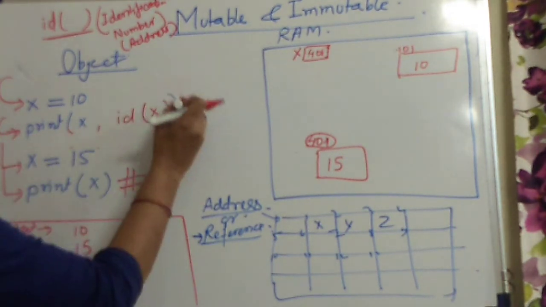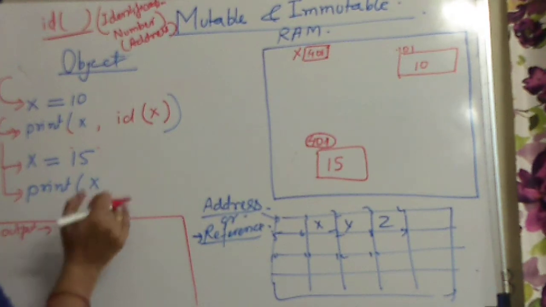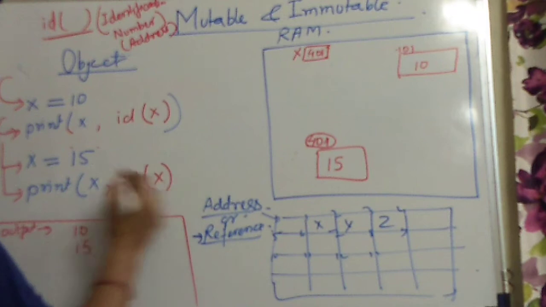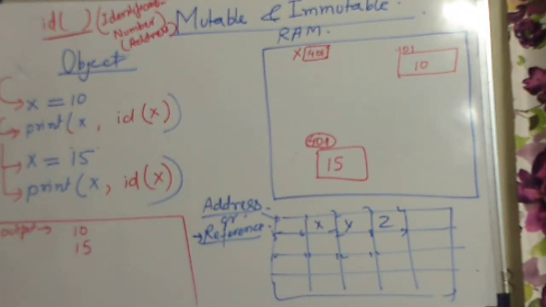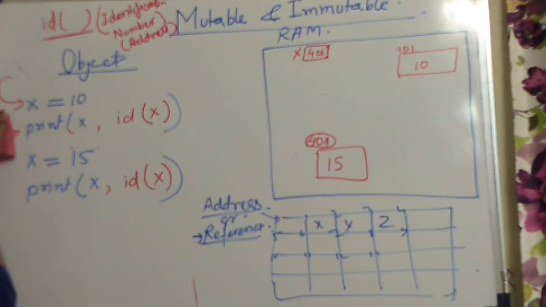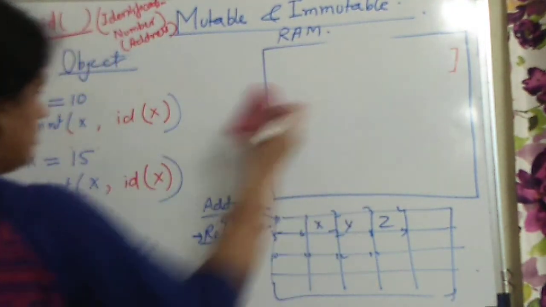Now come to the other line here, id x. Now let us remove this part, and remove this part also.